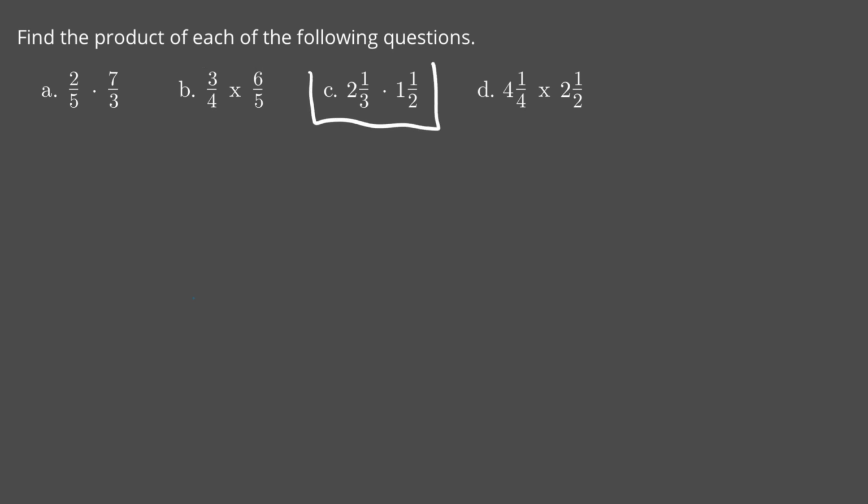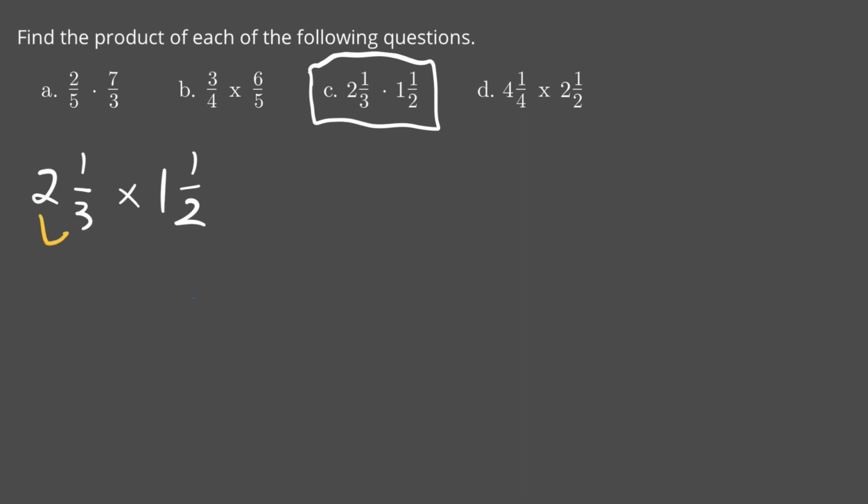For part C, we have a slightly different problem. You now notice we have mixed numbers. For mixed numbers, the best way to handle it is to convert them to improper fractions. If you have any questions to do that, you can check out some of our older videos. In general, we'll rewrite the problem times 1 and a half.